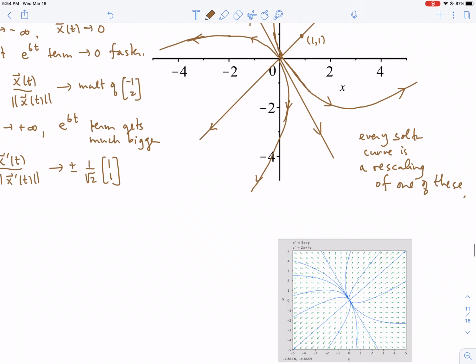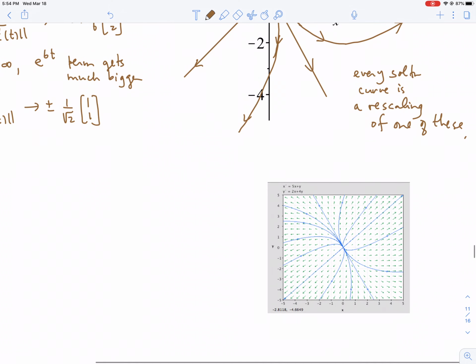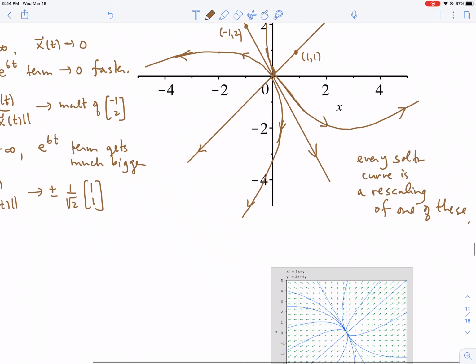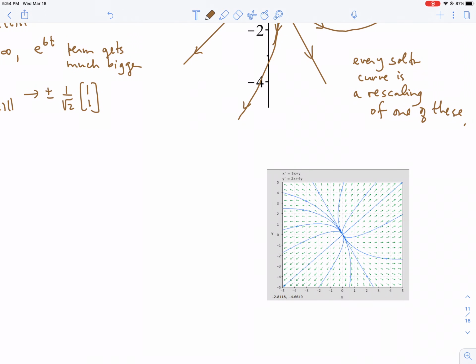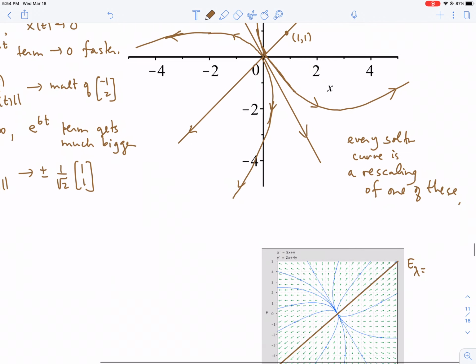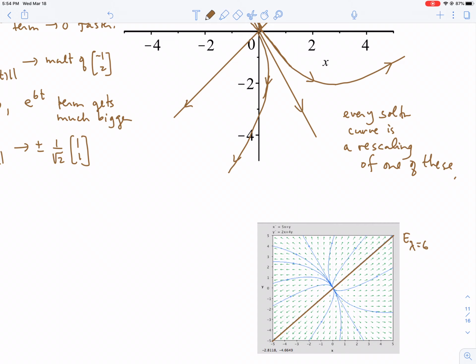So here's a very small p-plane picture. Here was the eigenspace for lambda equals 6.